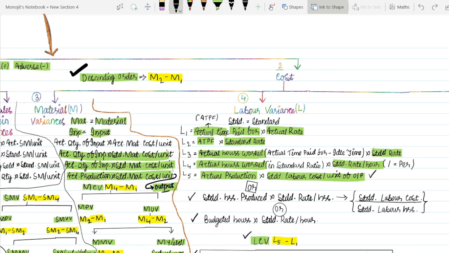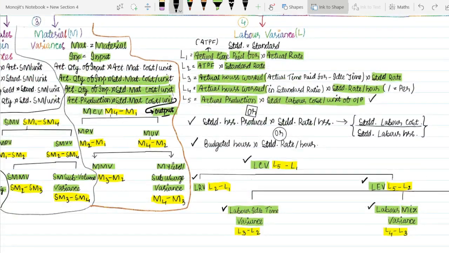In the chart, the first part is material cost variance, which is M4 minus M1. This formula is divided into material price variance, where M1 will come, and material usage variance, where M4 will come.